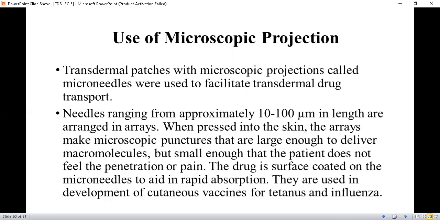Means there is a layer of small needles which have a dimension of 10 to 100 micrometers in length, and a drug substance is coated on these needles, and then these needles are applied on the skin, and they inject into the skin without the patient feeling any pain. So these needles are also called painless needles.